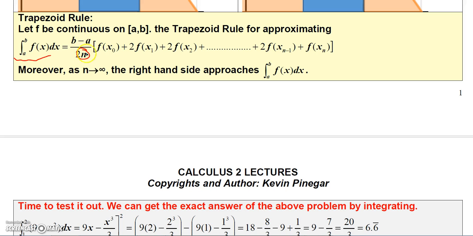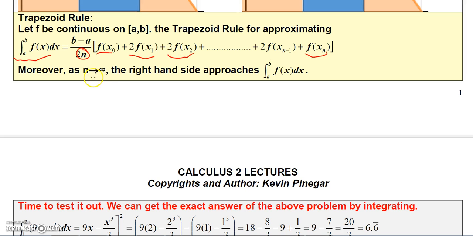So it's b minus a over 2n times f of x0 plus 2 times f of x1 plus 2 times f of x2, plus 2 times f of everything until you get back to f of xn. And x0 is the same as a, and xn is the same as b.